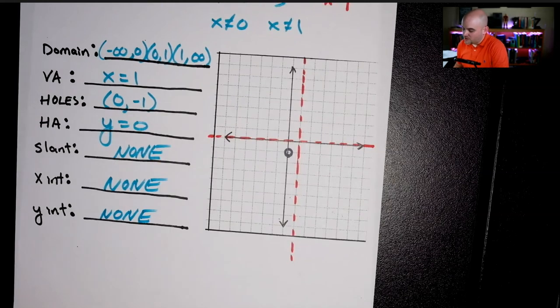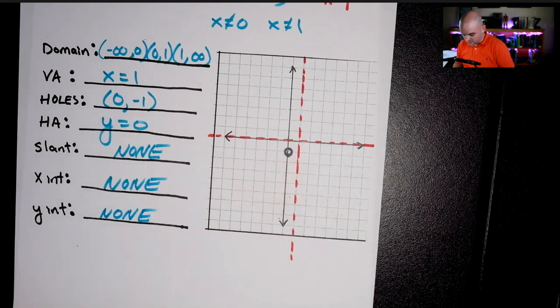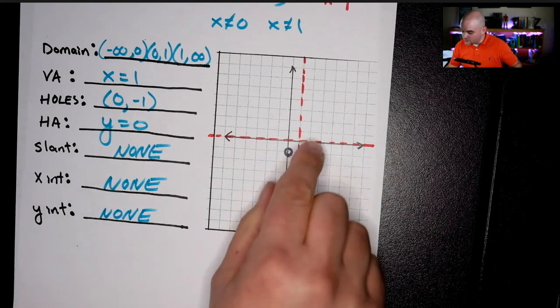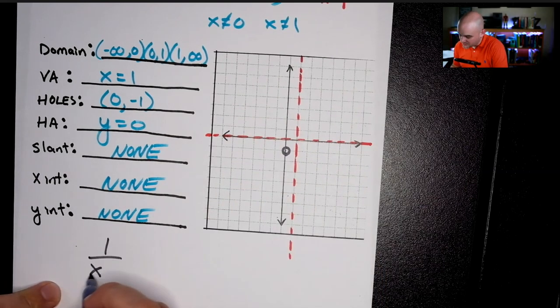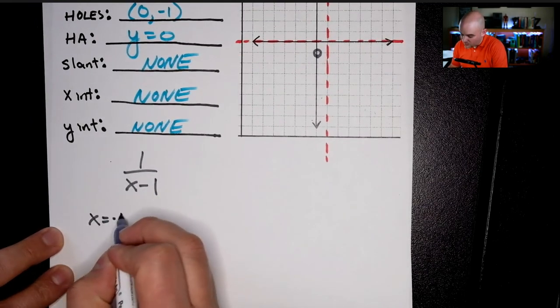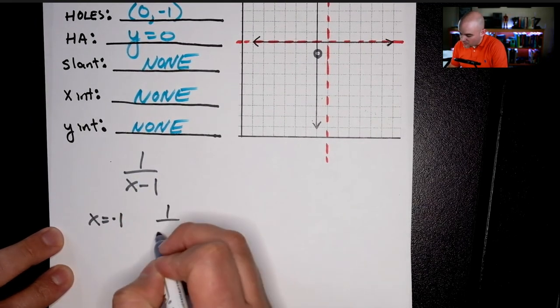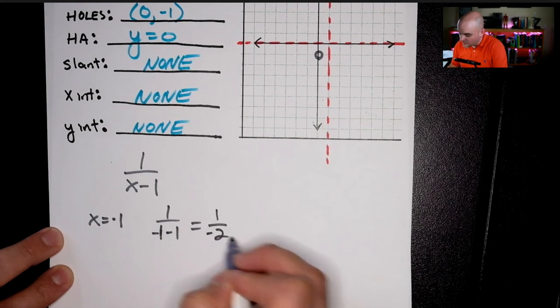And now I'm ready to do some test points to try to graph this thing. I can already tell that there's going to be a curvy corner down here because they put a hole in the graph right there, but you could try it out, put in -1 and see what you get. We can put it into this canceled out version. When x equals -1, if we put that in, I end up with 1 over -1 minus 1, which equals 1 over -2.